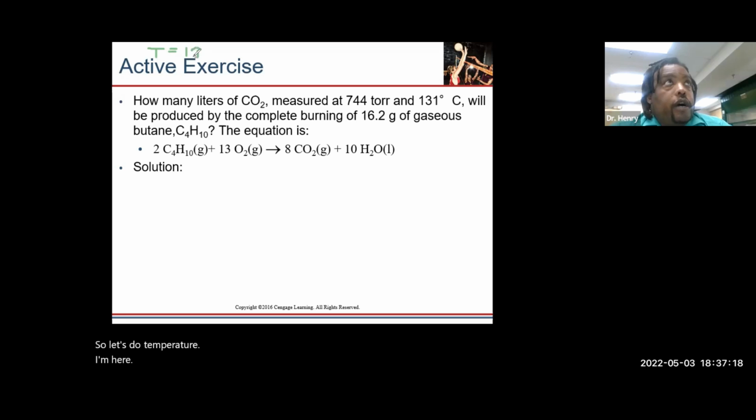We know it's 131 plus 273, which is 404.15 Kelvin.